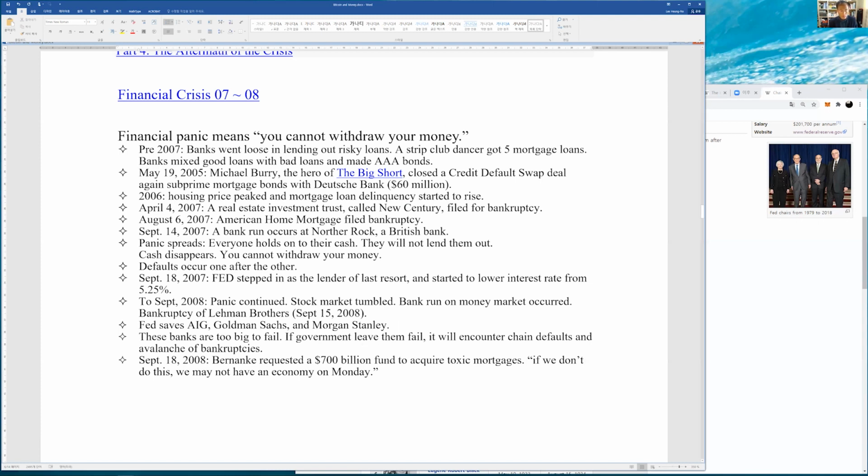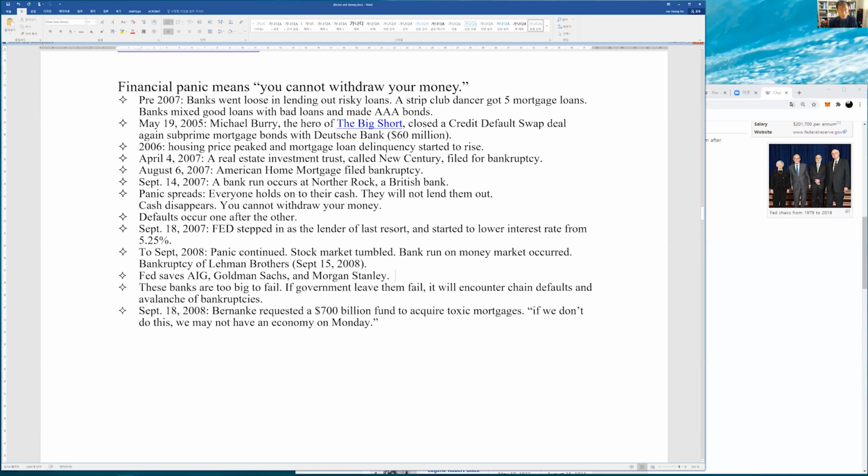So in September 2008, Bernanke requested a 700 billion US dollar fund to acquire toxic mortgages. Like I told you, the Fed can purchase U.S. securities and mortgage-backed securities.